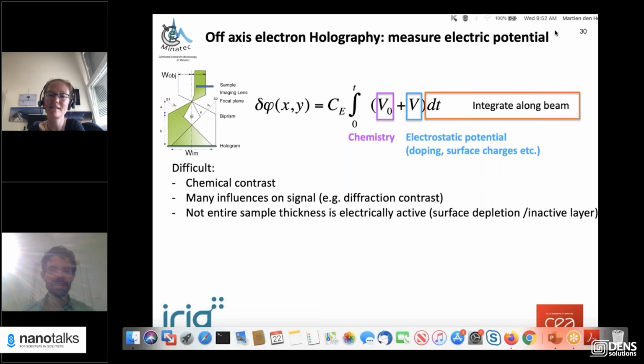I just wanted to add that the electrons you're interfering have not undergone any scattering. They are coherent. A very thick sample can still work if you're doing EDX or EELS, because you're looking at electrons that have undergone a scattering event. But in holography, you're looking at electrons that have not undergone any scattering event.